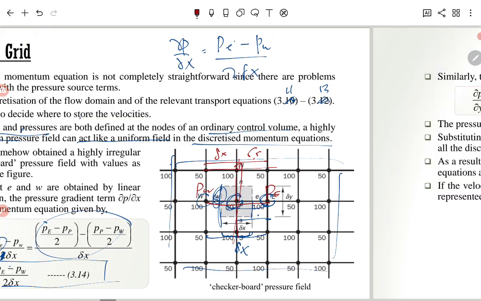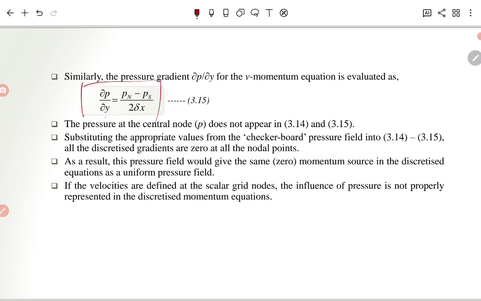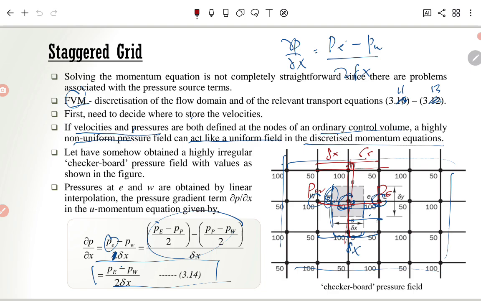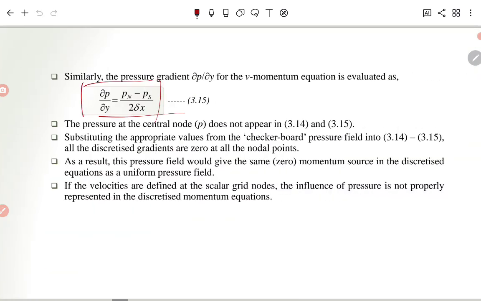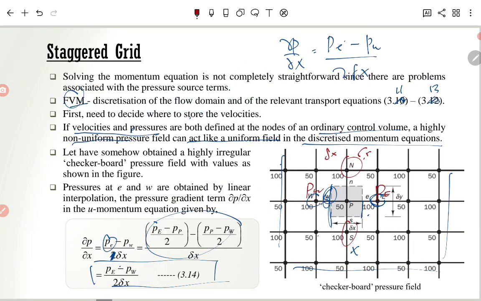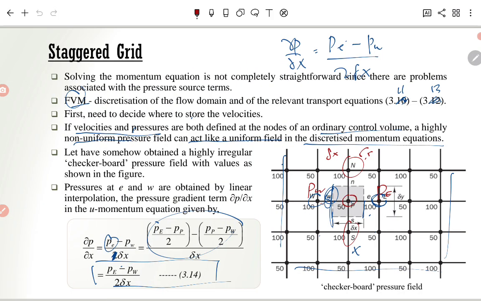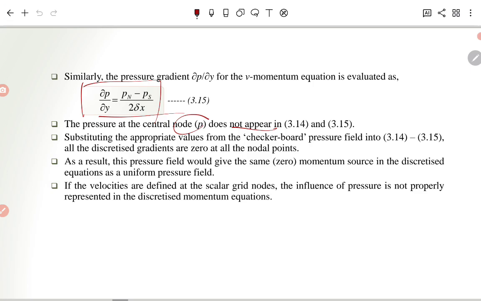So we have dp over dy, dp over dy is PN here, north minus south there. Okay, so if you can see both in equations 3.14 and 3.15, the pressure of the center node does not appear here. The pressure here does not appear in both equations.